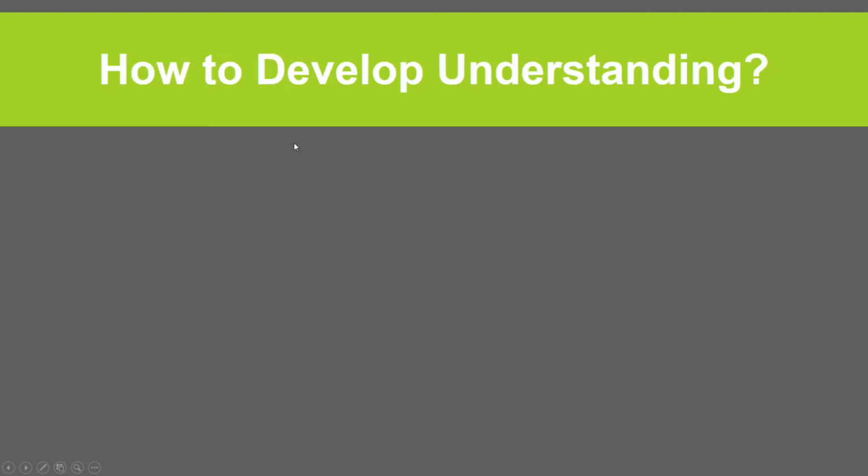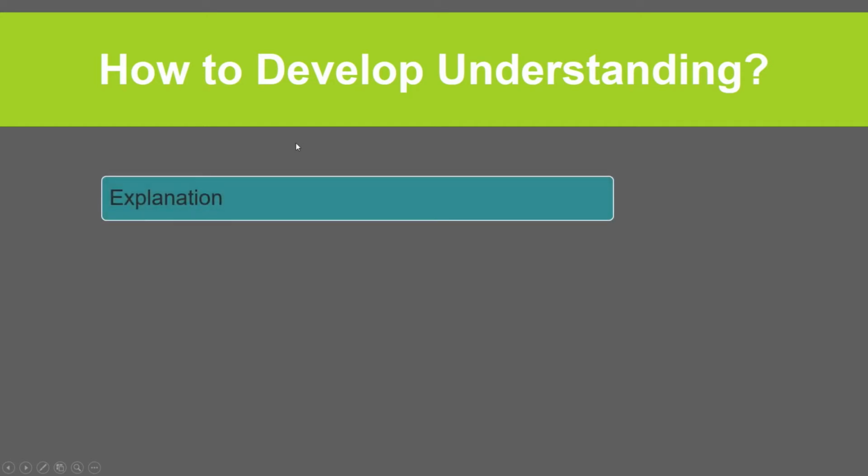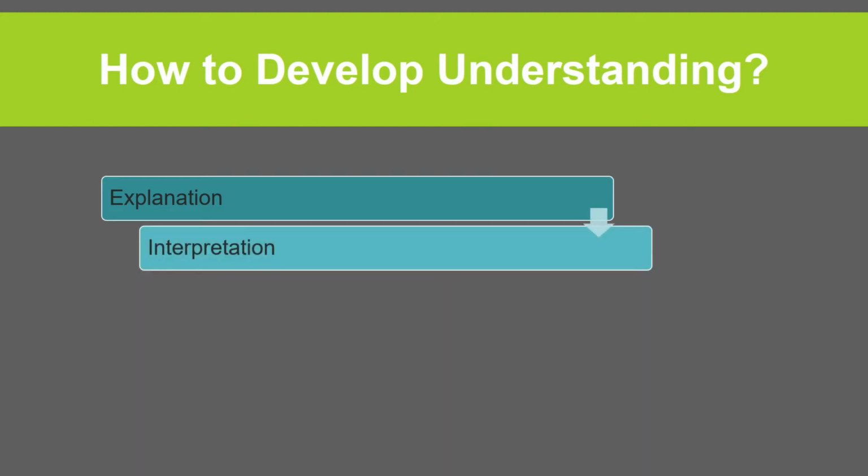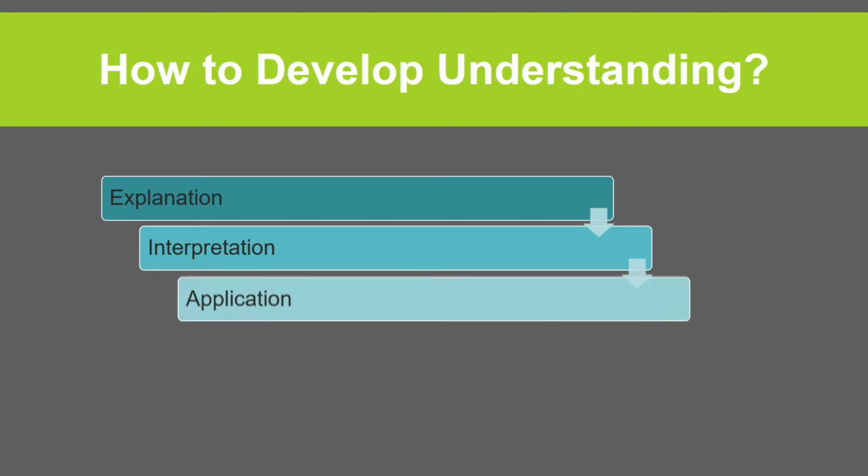So we'll think about how to develop student understanding. And we'll do this by helping students to be able to make an explanation of the knowledge. So if they can explain something, then they're demonstrating understanding. If they could interpret something or share an interpretation, that's another way of demonstrating understanding.